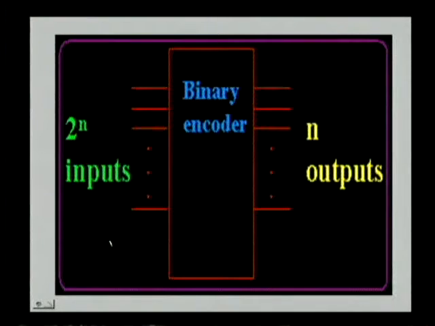Now we see the general representation of the binary encoder. It has 2 power n inputs and n outputs. Of the inputs only one should be activated and its corresponding code will be generated at the outputs.